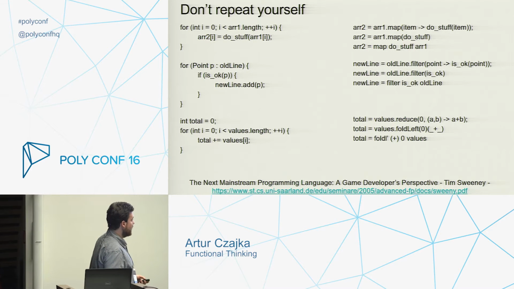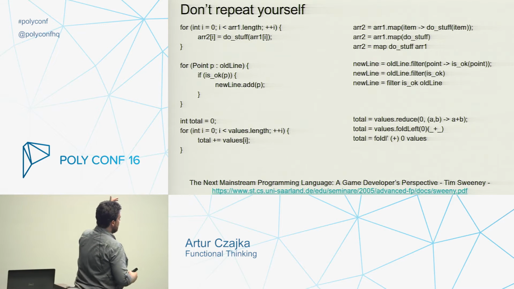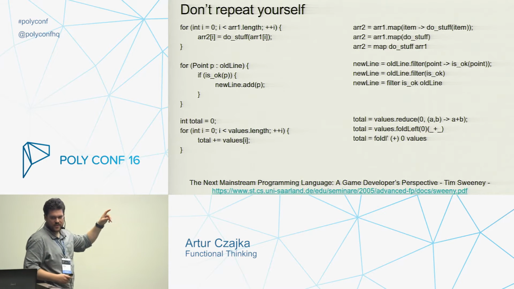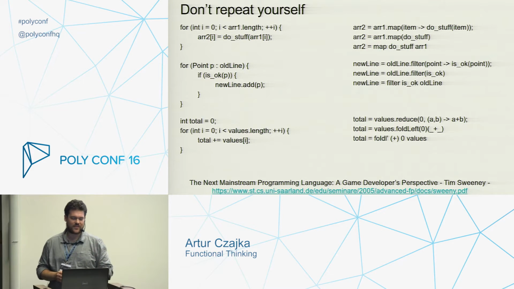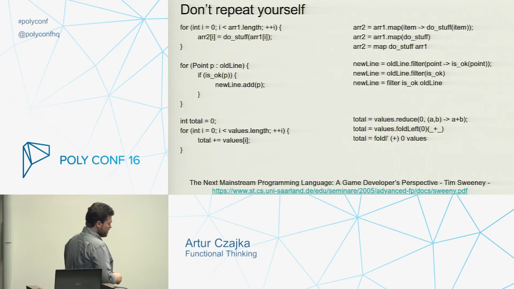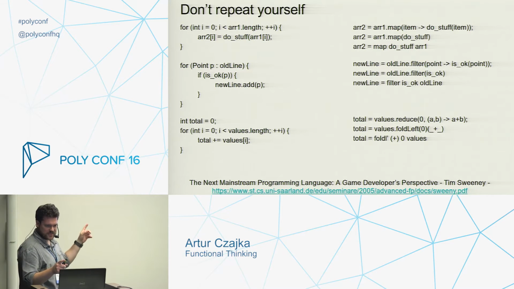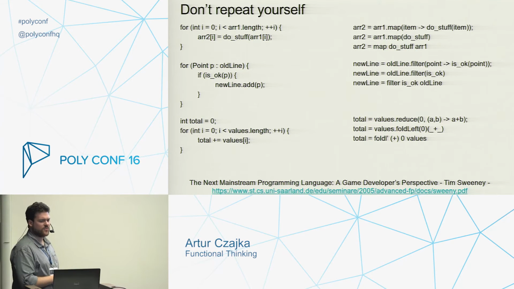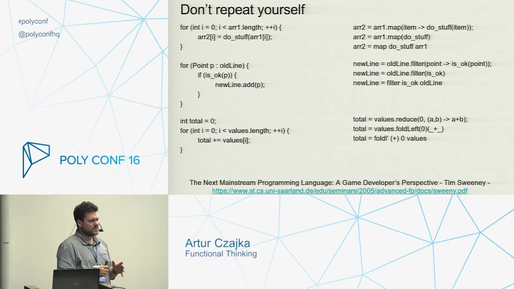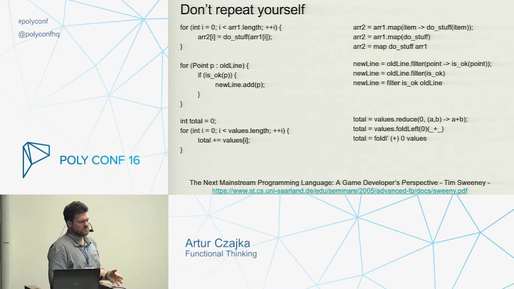And again, there's a presentation, this time by Tim Sweeney. This is the guy that created the Unreal Engine at Epic Games. And in this presentation, he says that 90% of integer variables in Unreal exist only as index variables.